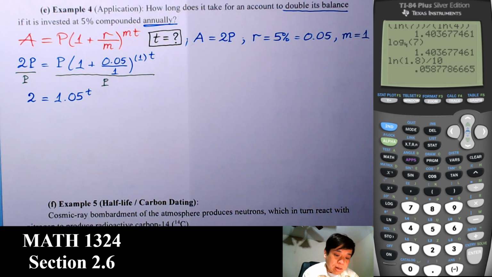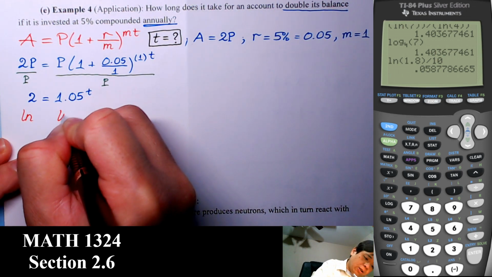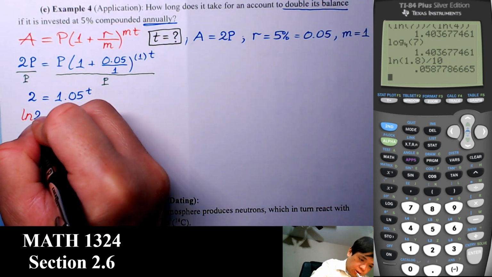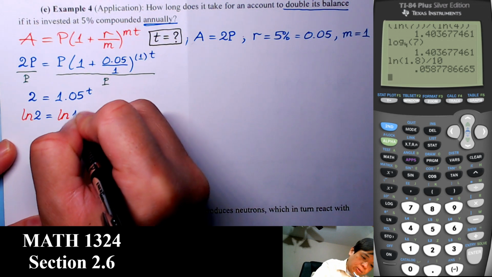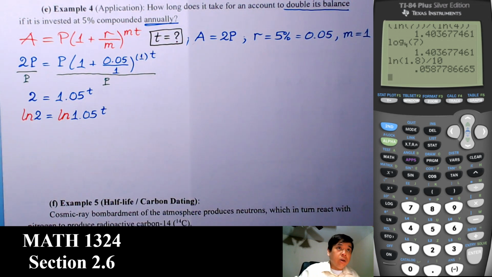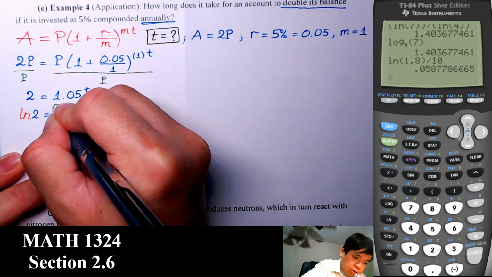Since we cannot get them to the same base, we can take ln on both sides. We can take the T outside.